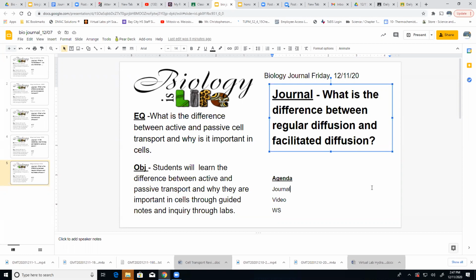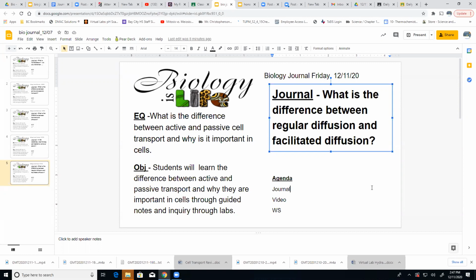You can almost just look at the picture. Top one is regular diffusion, bottom one is facilitated diffusion. No, that's osmosis, that's water.